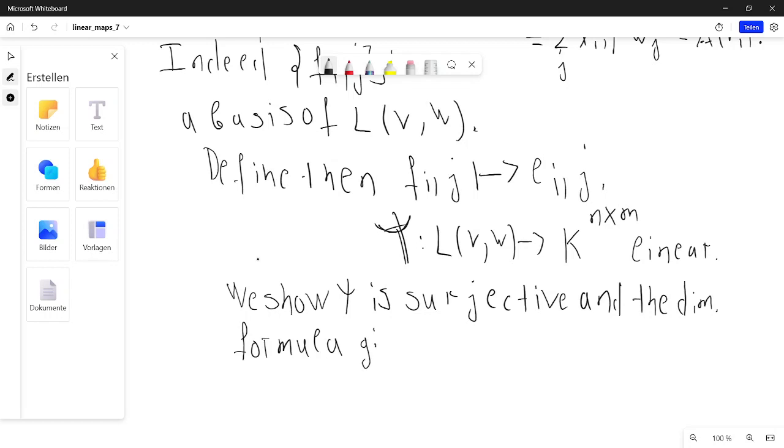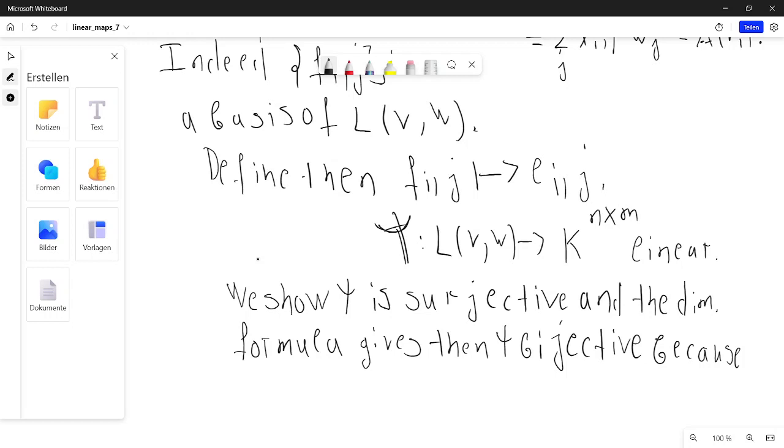The dimension formula gives then psi bijective, because, by the way, of the fact that it is a basis of K and M. That should be clear, but you can look at that yourself.